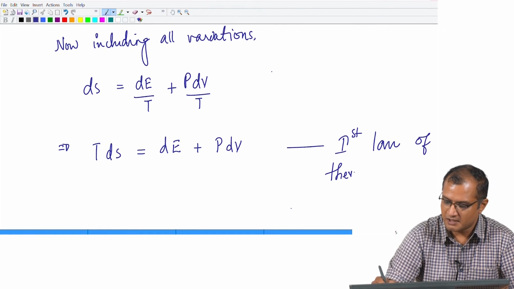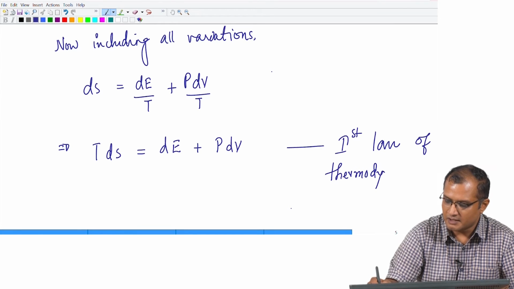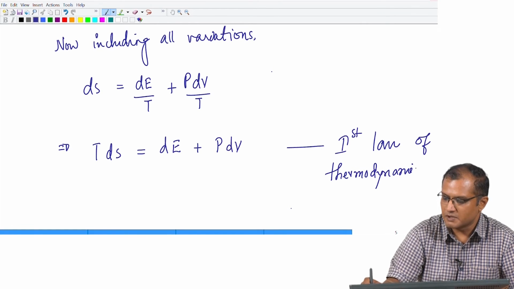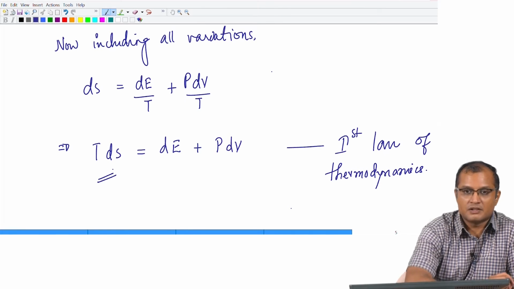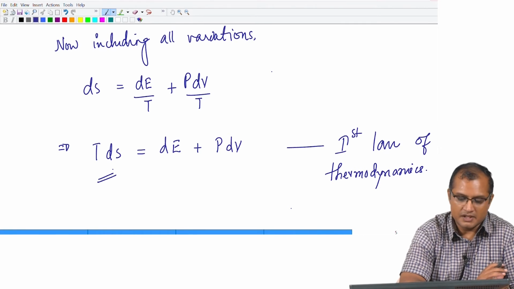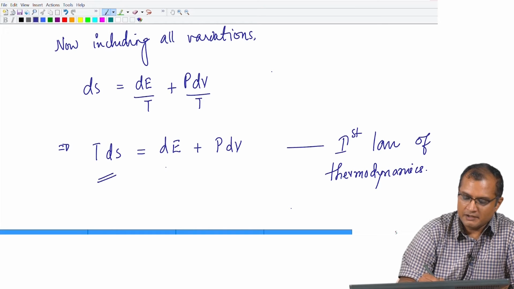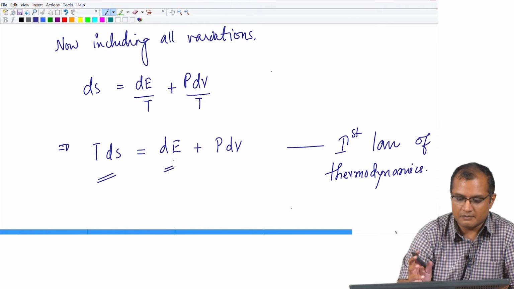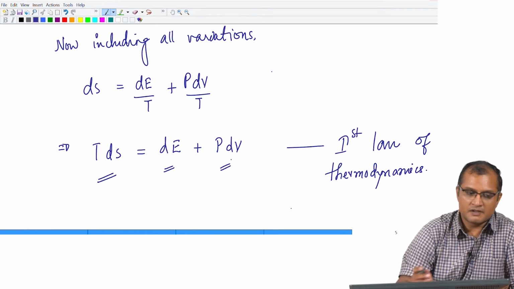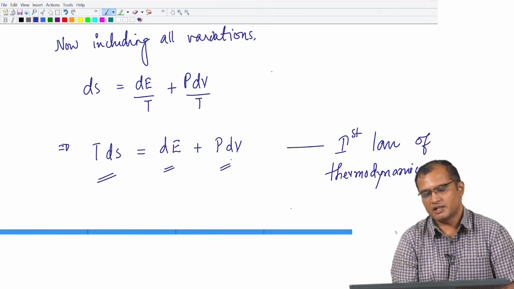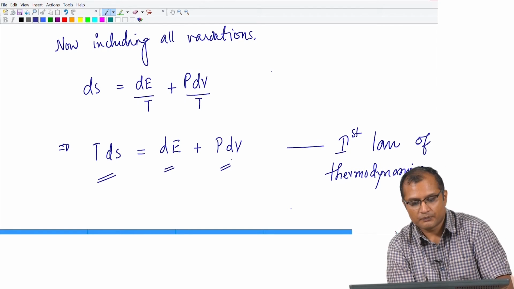which, if you see, is nothing but an energy conservation statement: if you give an amount of energy to the system, which is TdS, it will only increase the energy of the system by an amount dE, plus, if you allow the system to expand, the work done would be P dV. Okay.